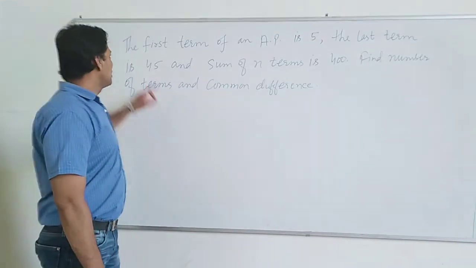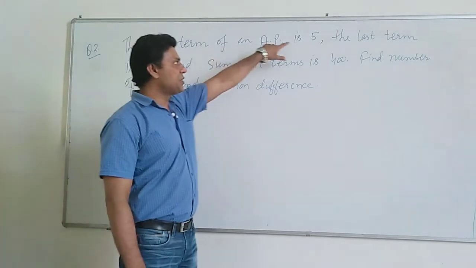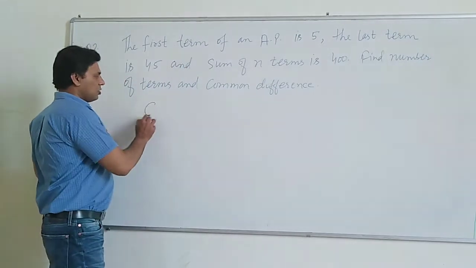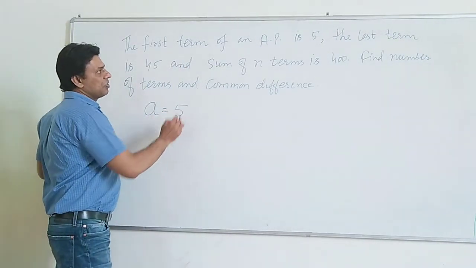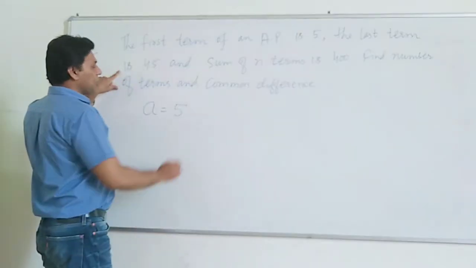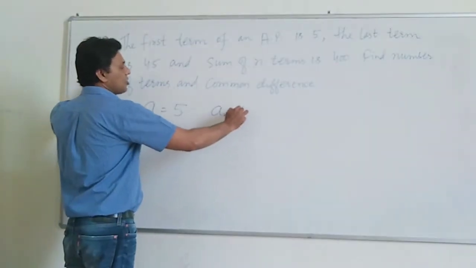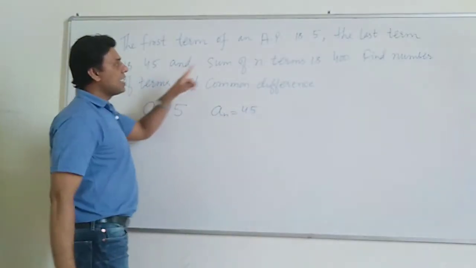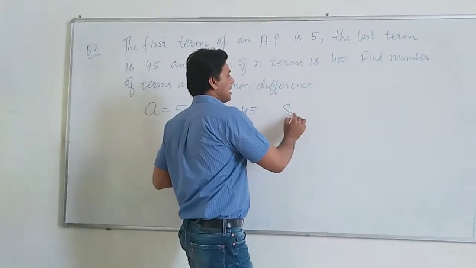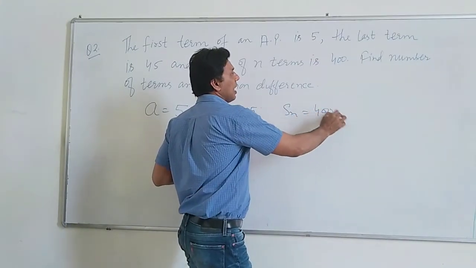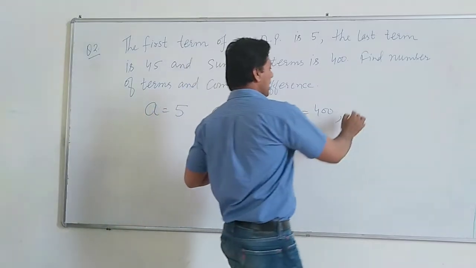Now see this question. The first term of an AP is 5, so note a is equal to 5. The last term is 45, that is an is equal to 45, and the sum of n terms, that is Sn, is 400, and we have to find the number of terms.